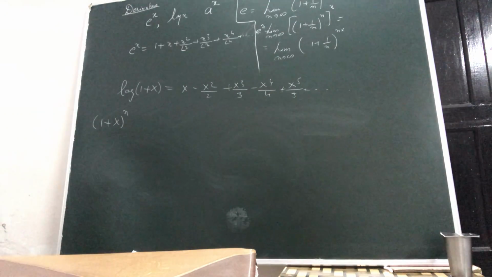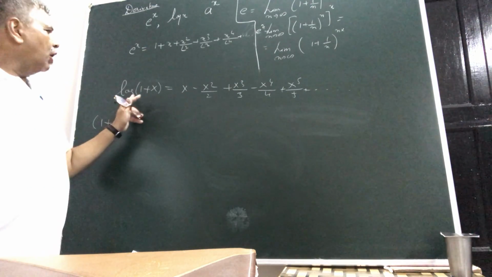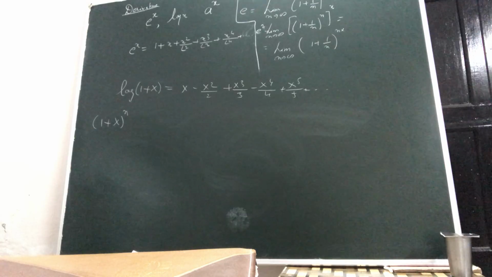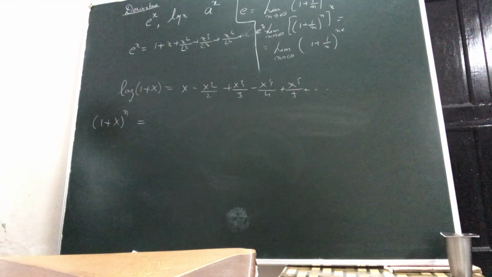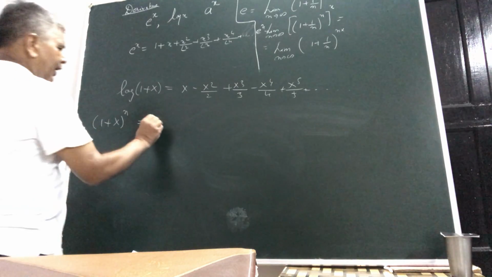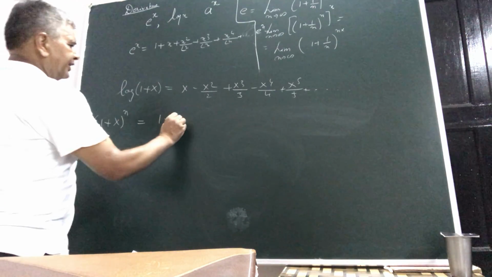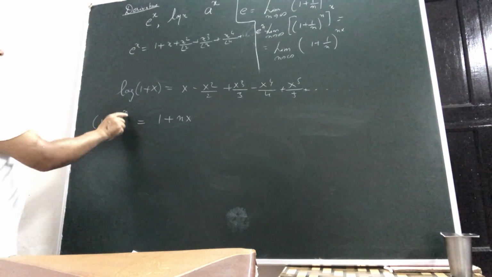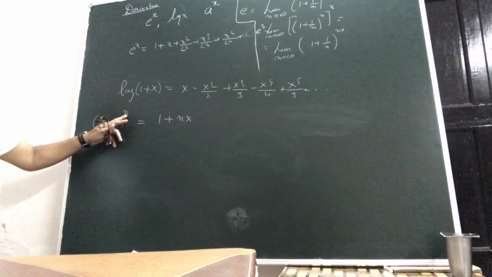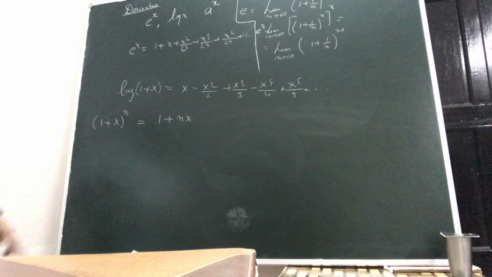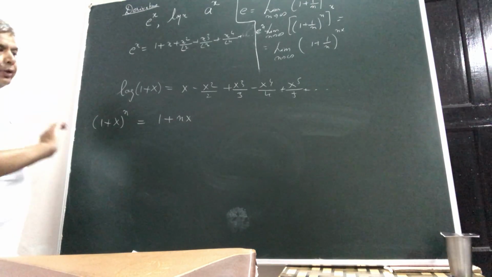See, how we actually get the expansion of log 1 plus x is that we will take the expansion of 1 plus x raised to power n in 2 particular manners. One method is that it will be a limit, because n is some positive number which is very large, n tending to infinity.